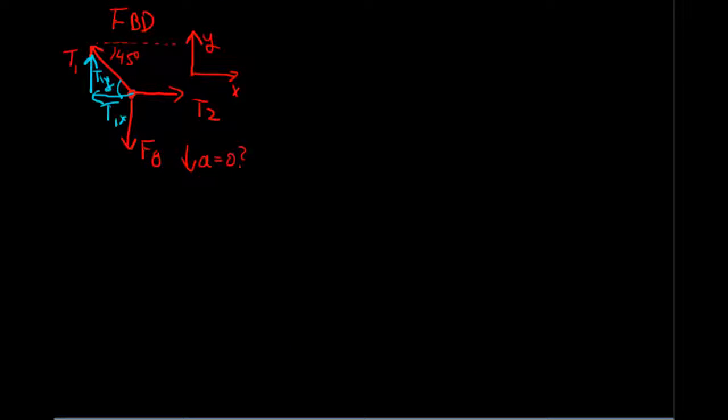So I've redrawn the partial free body diagram I had earlier, and now I'm going to clean it up. Usually once I've written my components for my vectors, I redraw my free body diagram a little more cleanly. Here I have my object, an upward direction, which is T1Y, and a horizontal direction, which is T2.